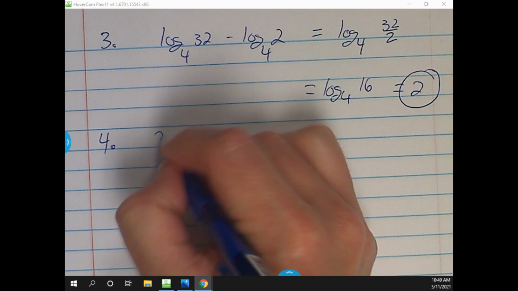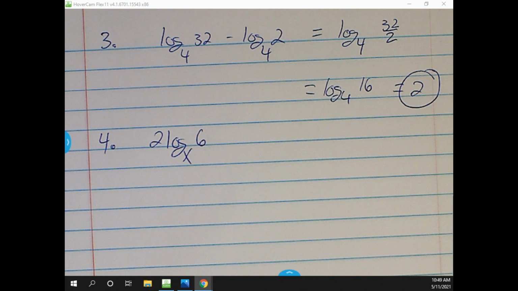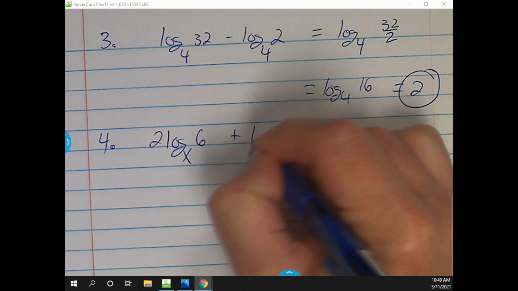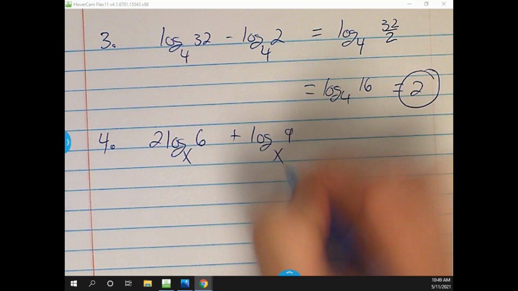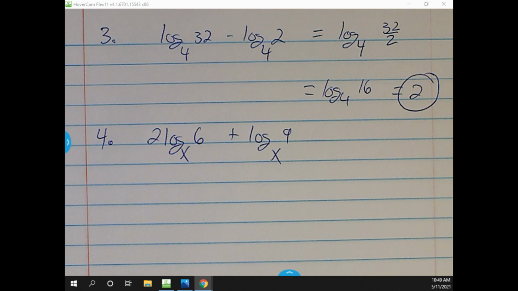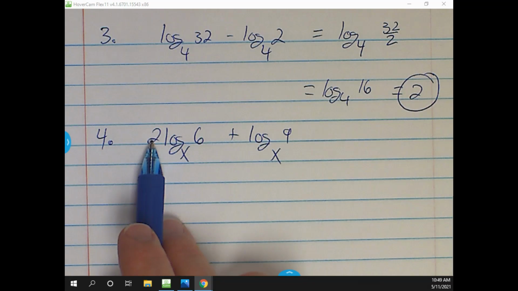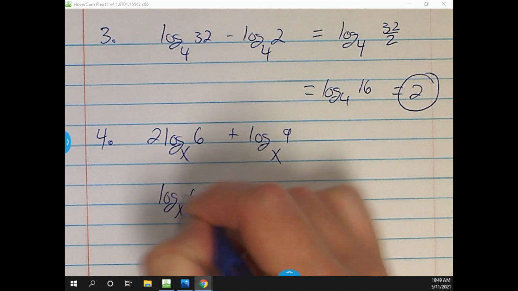All right, a couple more of these and then we'll wrap it up. So let's go log of 6 base x, log of 9 base x. Okay, and again, no parentheses. So the next thing is we're looking for power. So we've got this number that's in front with 2 times log, that if you rewrite it, that's really 6 squared.